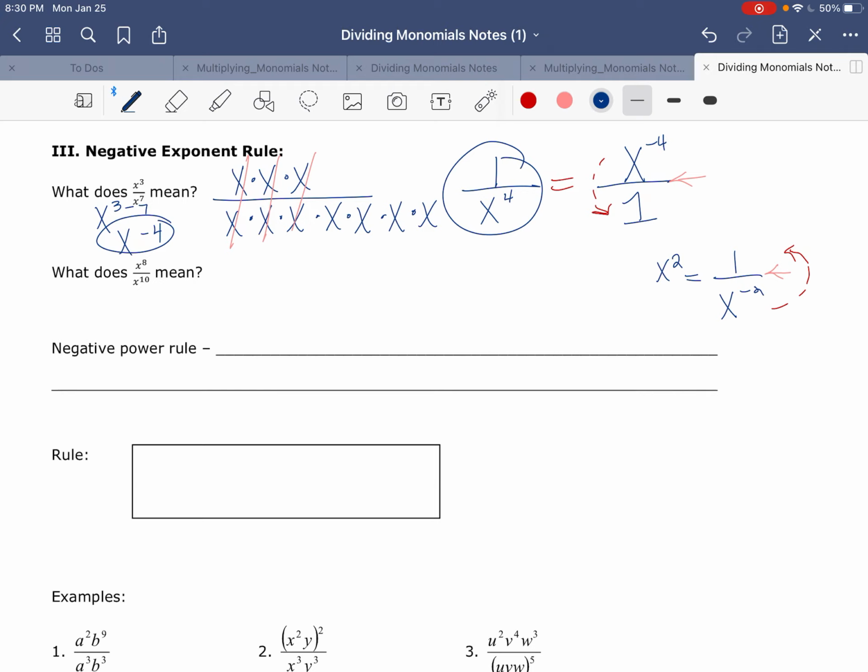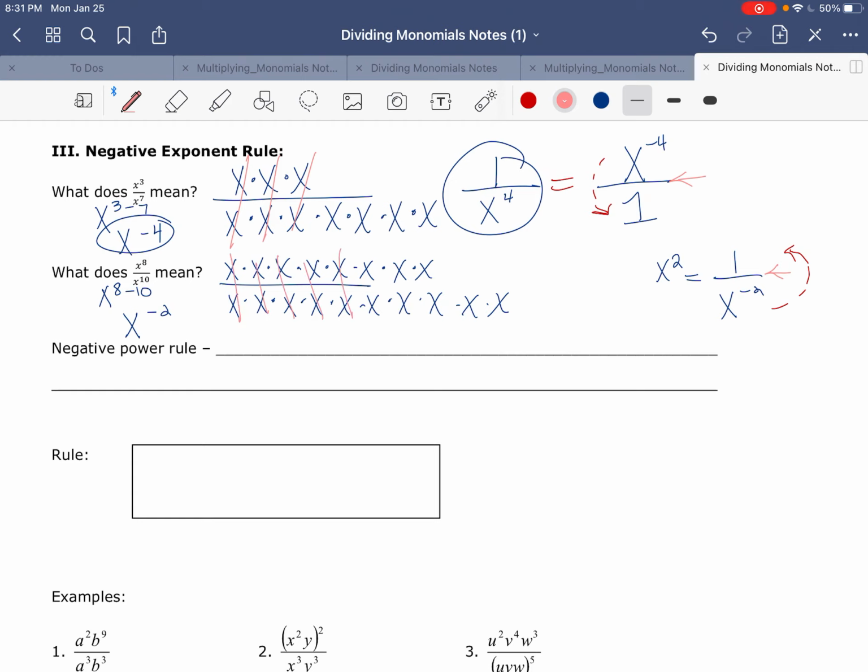So then looking at x to the 8th over x to the 10th, if we subtracted, that would be x to the 8th minus 10, or x to the negative 2. But again, I can't have that. So if we look at our expanded form, so many x's, and I simplify, remember, anything divided by itself is 1.